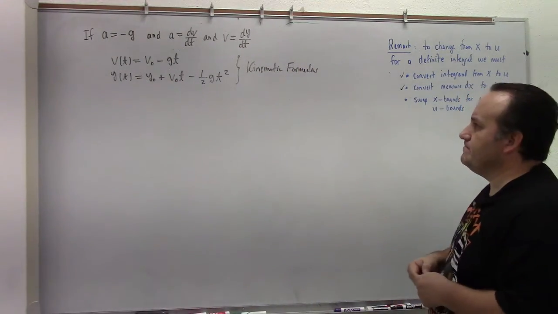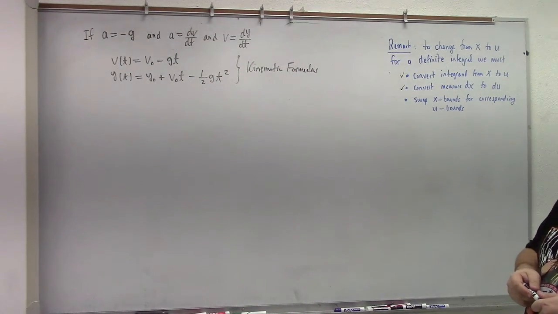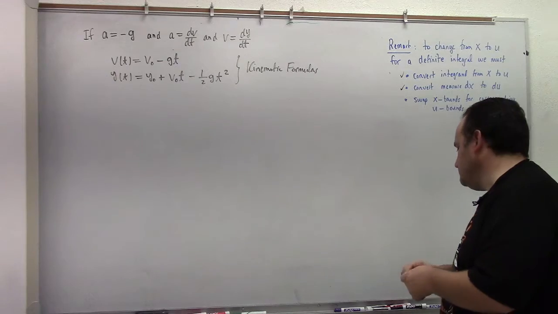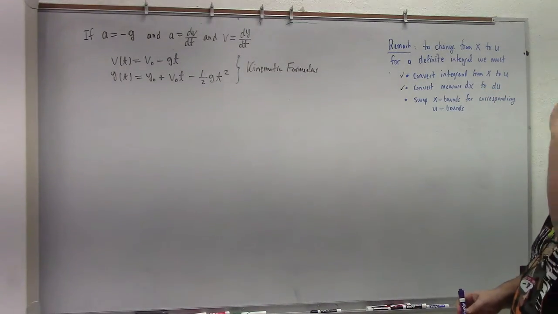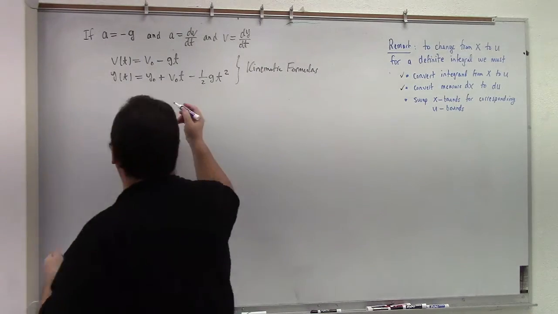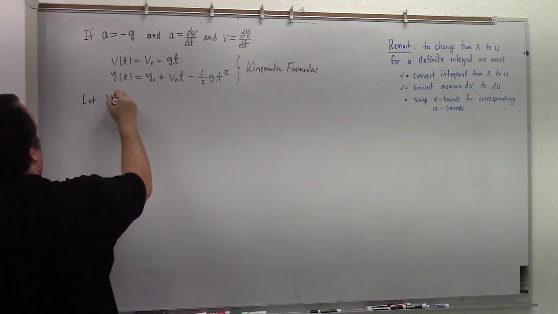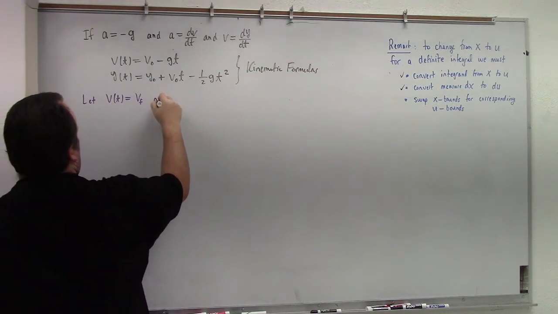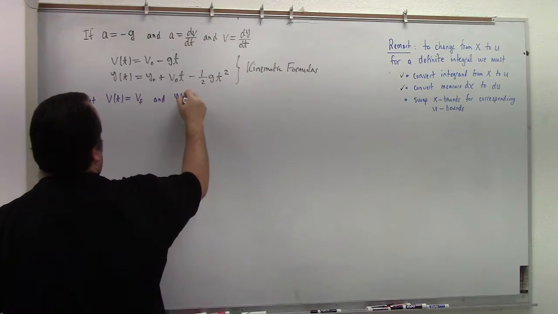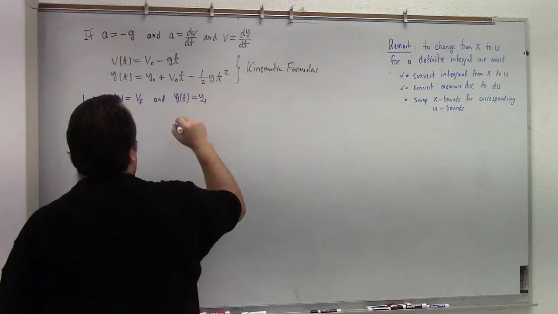And so if you had v of t equal to vf, and y of the final time be yf, right?